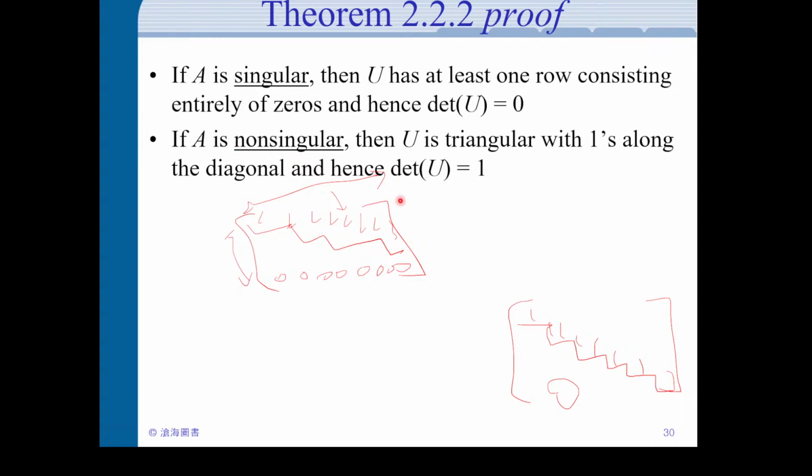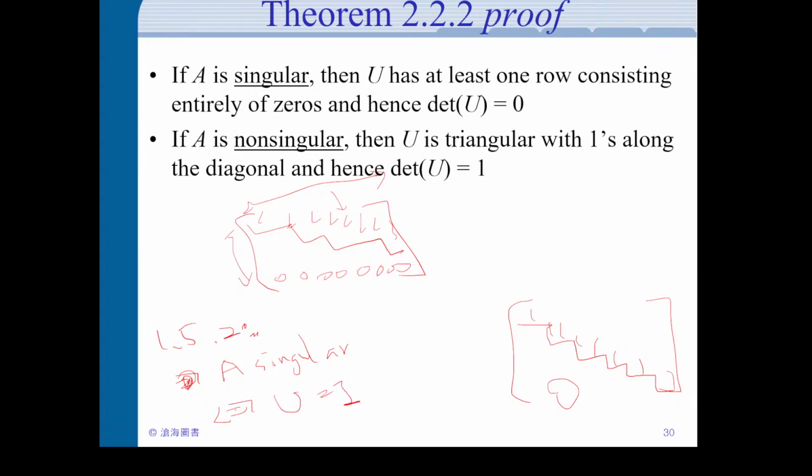So for non-singular, the determinant of U is not 0. That's right here in 1.5.2: A is non-singular if and only if U equals the identity.